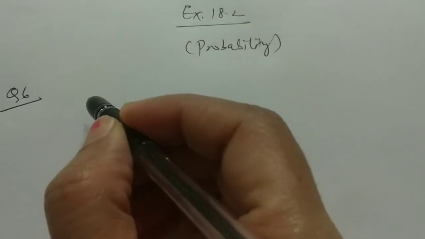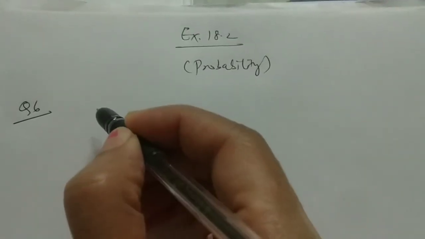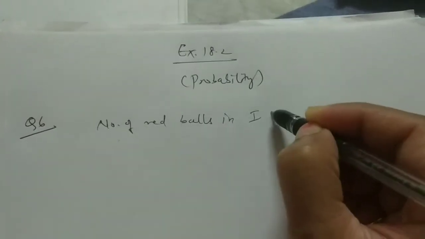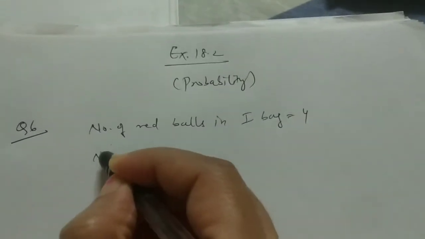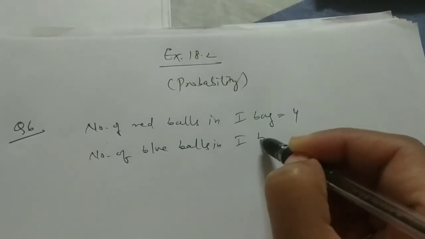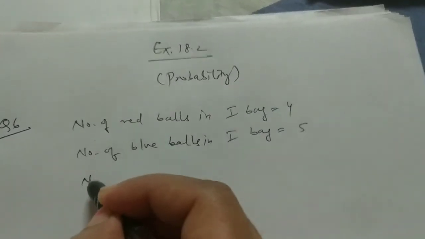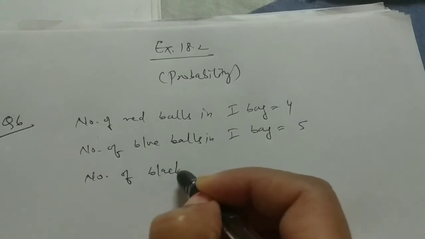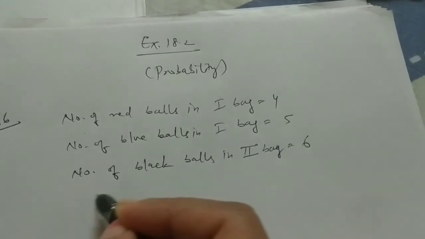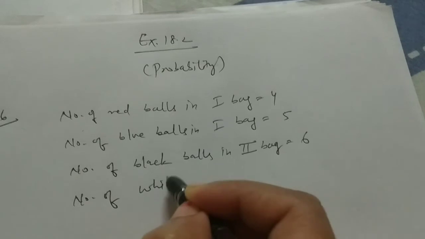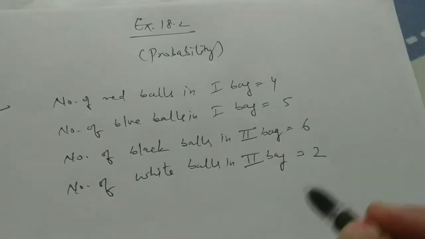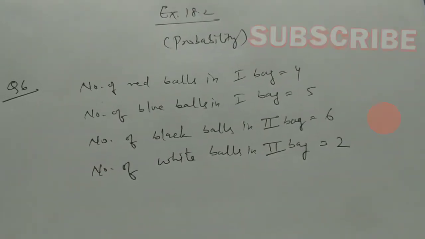So first of all, for solution, we would write number of red balls in first bag 4, then number of blue balls in first bag 5, then number of black balls in second bag 6, number of white balls in second bag 2. Here we have written all the given information.